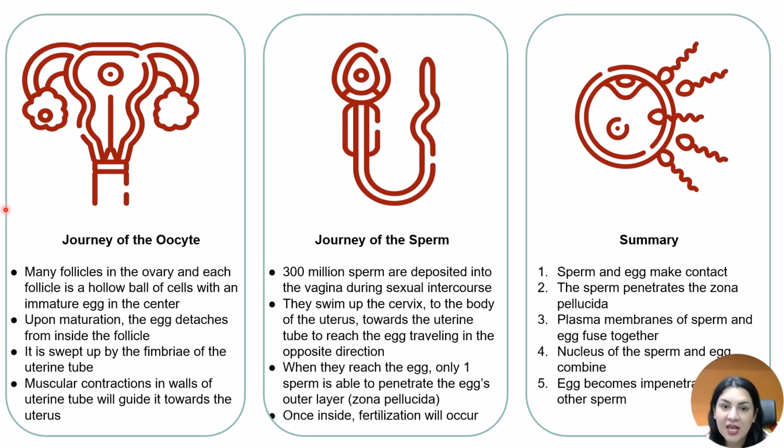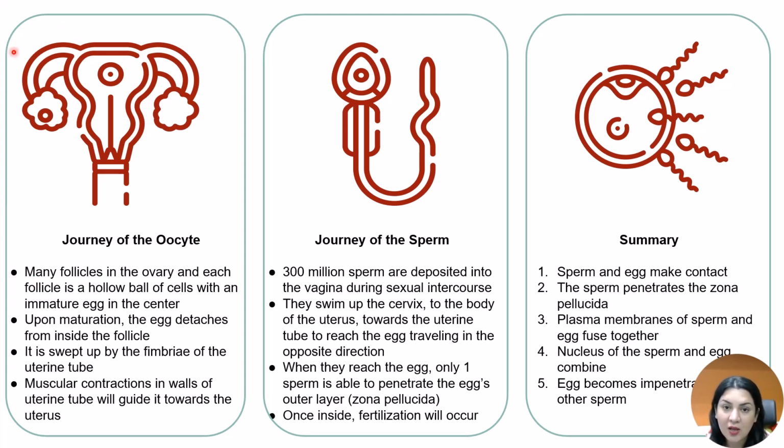I'll spend the next few minutes individually summarizing the journey of the egg, and then the journey of the sperm. We'll talk about those separately before summarizing what happens when the egg and the sperm meet, and how that leads to the formation of a zygote.